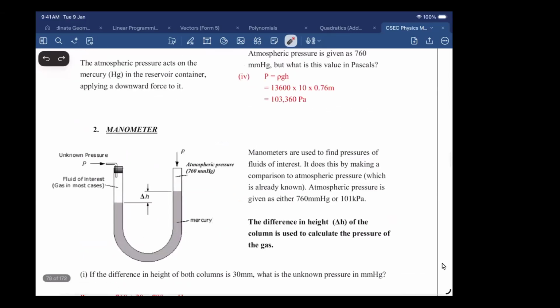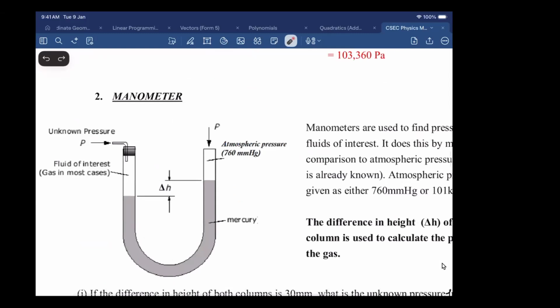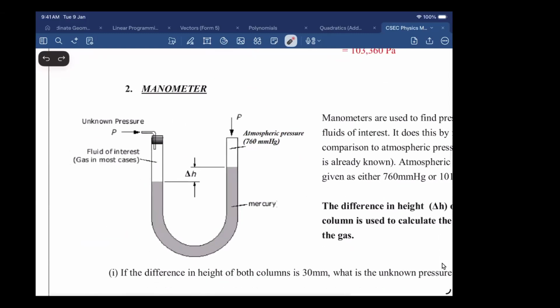Right. So let's try to understand what's going on here. So Shayna, do you understand that the atmospheric pressure would press down on the fluid and make the fluid want to go down? That makes sense, right? Yes, sir. Okay. So stay with me.